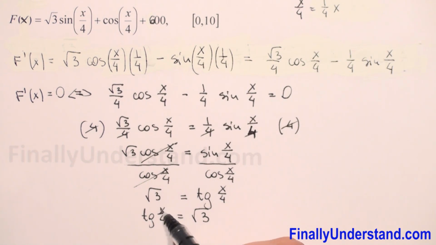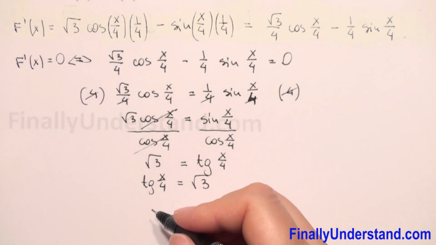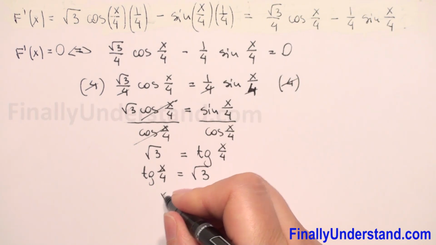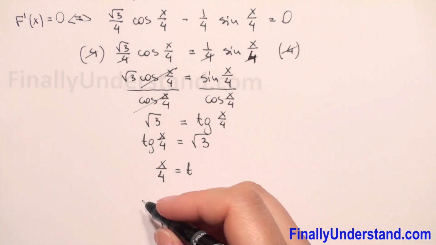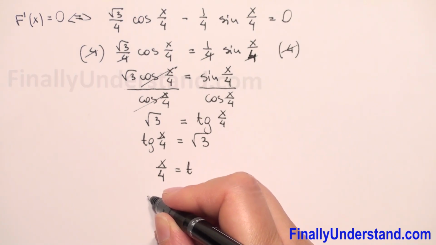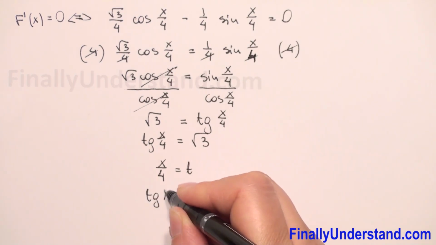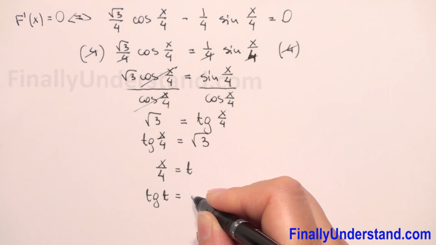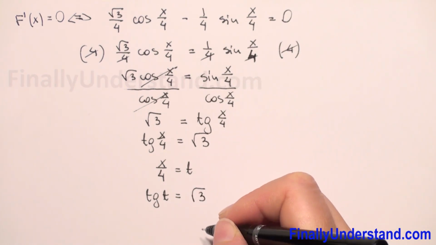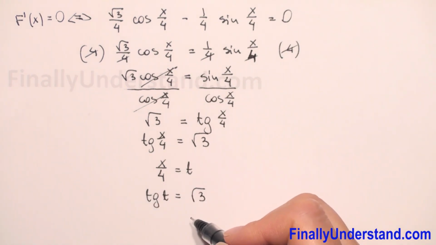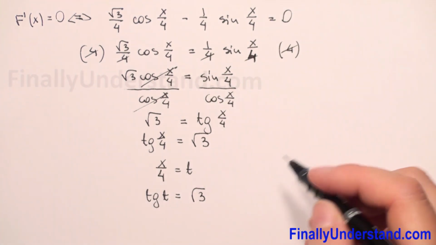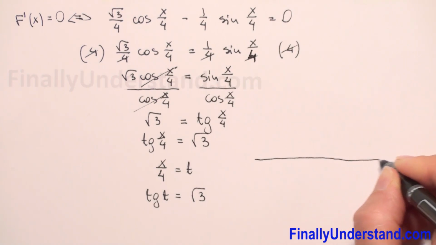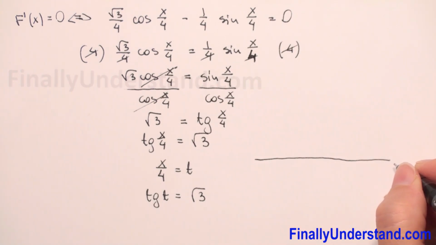Now we can substitute x over 4 by, for example, t. So we have to solve the trigonometric equation tangent t is equal to square root of 3. To solve this trigonometric equation, it's good to draw the tangent graph.